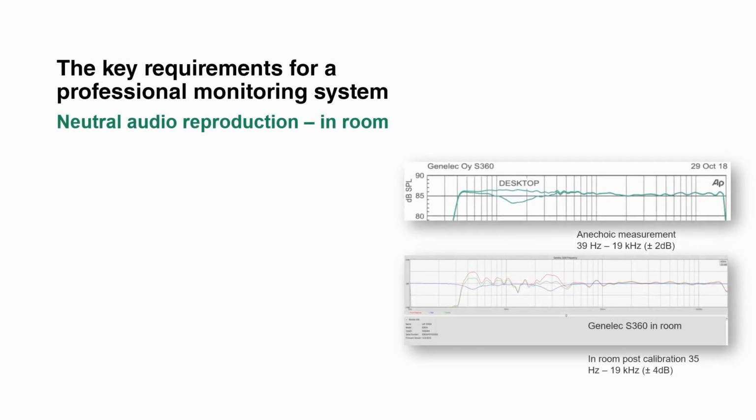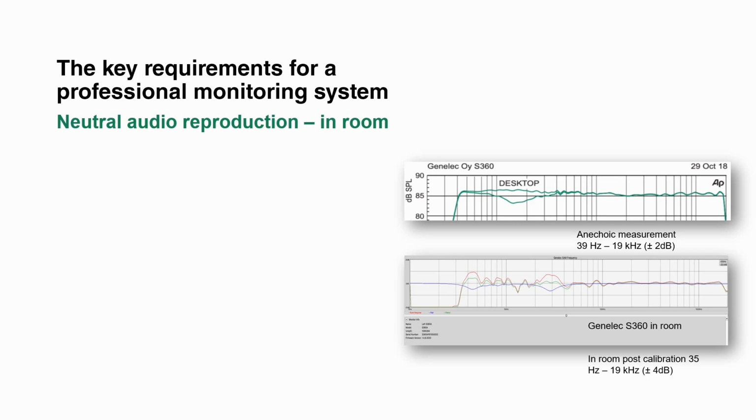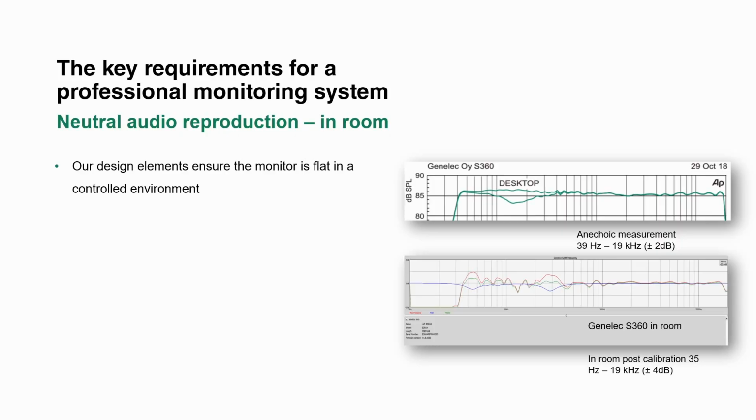Another key principle that we believe a professional monitoring system should have is the ability to reproduce neutral audio, regardless of the environment. One of the design goals at Genelec is to produce and design a flat frequency response. That's all well and good in controlled anechoic conditions at the factory, but what happens when you take that same loudspeaker and you place it within a room?